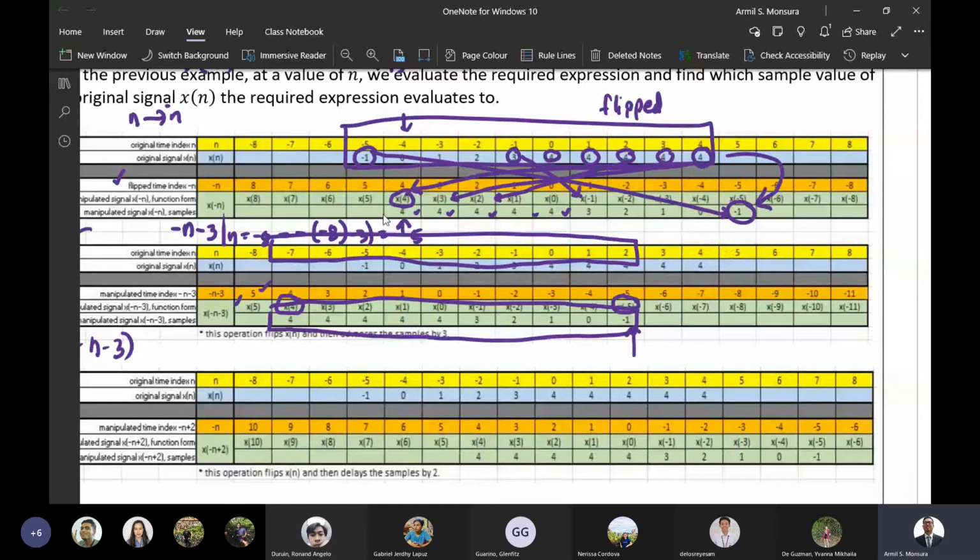Kasi kung ito yung flip signal niyo, okay, ano nangyari from here to here? Anong operation yung nangyari from the flip signal dun sa manipulated signal natin on the second case?